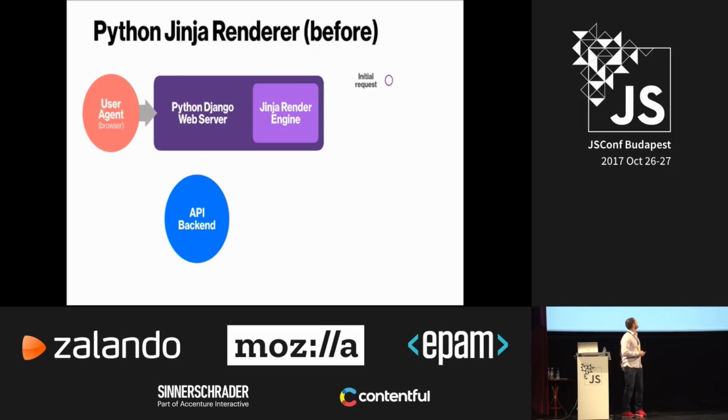So a user agent sends a request to the Python Django web server. Then we send a request to the backend API in order to retrieve the initial data for the template. And we start rendering our templating tree. So we render it as far as we can go until additional data is needed.